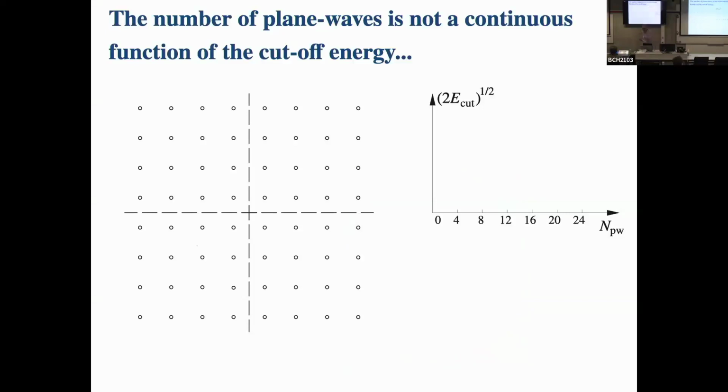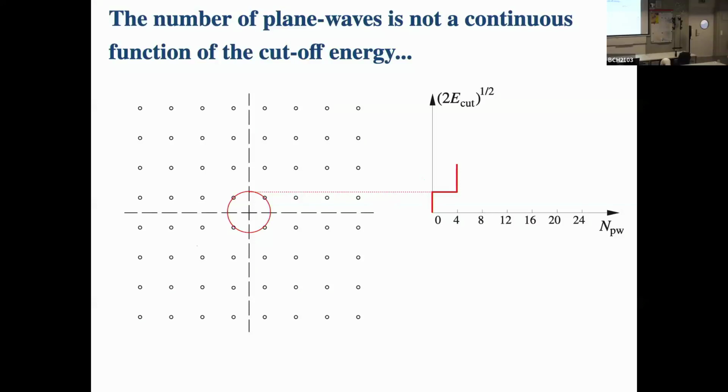If you do that, there is a small problem: the number of plane waves is varying in a discontinuous way. If you see the 2D grid that I've written here, these are my G vectors, the small circles that you see here. When I reach the sphere here, I have 4 G vectors in the sphere, and it's going to remain the same until I reach the next one.